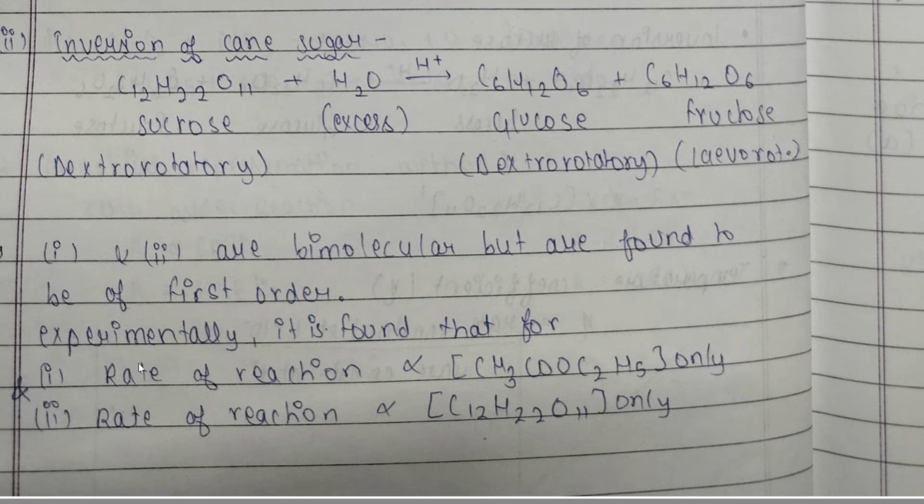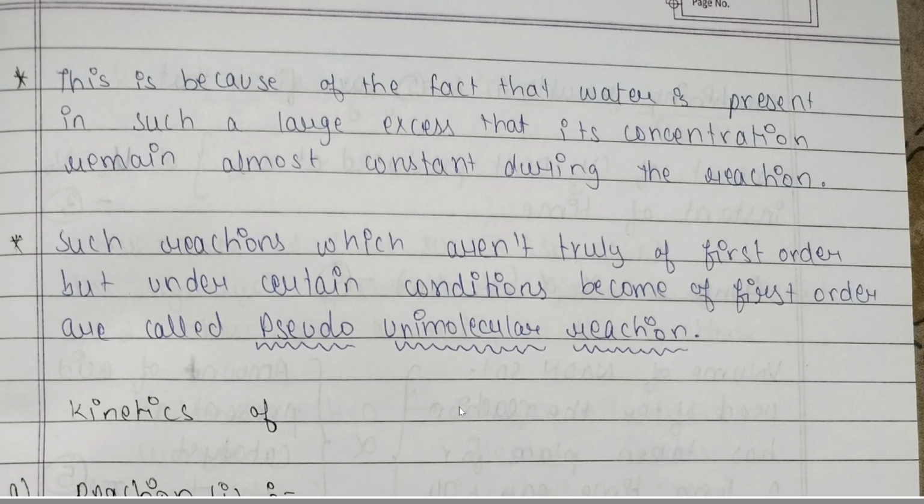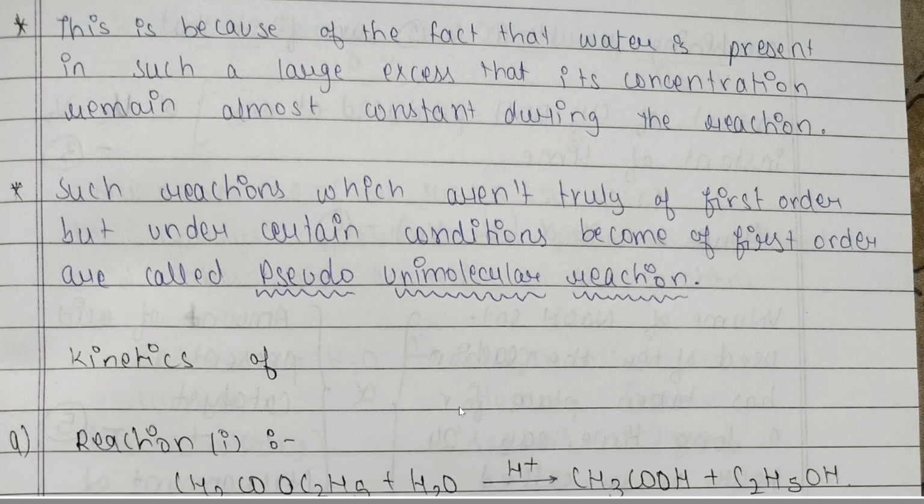Experimentally it was found that in the first, rate of reaction is directly proportional to concentration of CH3COOC2H5 only, and in the second, rate of reaction is directly proportional to concentration of C12H22O11 only. This is because of the fact that water is present in such a large excess that its concentration remains almost constant during the reaction. Such reactions which aren't truly of first order but under certain conditions become first order are called pseudo unimolecular reactions.